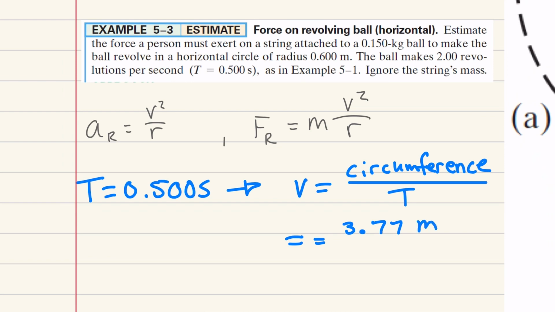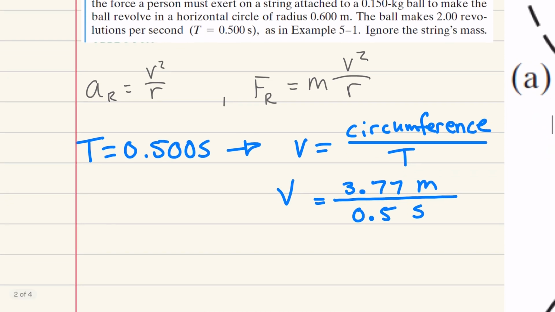That's going to be meters because it's distance, the circumference. We're going to divide that by our period, which is 0.5 seconds. The result is going to be meters per second, and that's exactly what we want because we're looking for velocity. So the velocity is going to be equal to about 7.54.